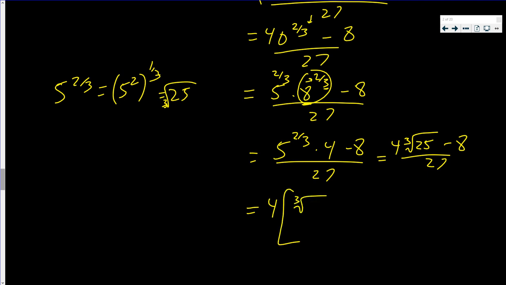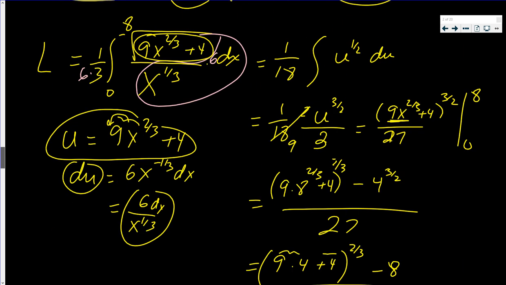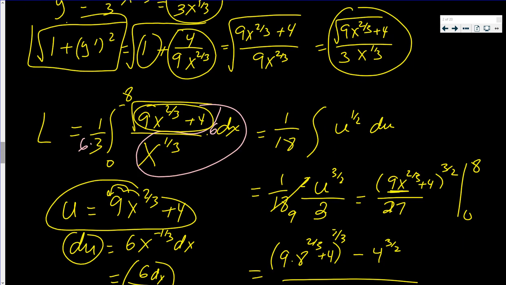So I have 4 times the cube root of 25 minus 4 times 2, all over 27. That is the arc length. It's unusual that it didn't turn out to be a perfect square for 1 plus y prime squared, but it worked out nicely.